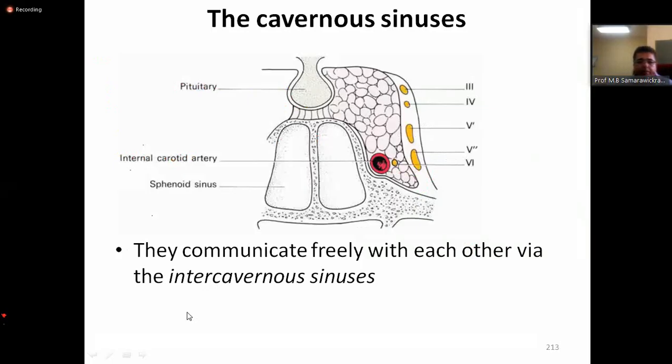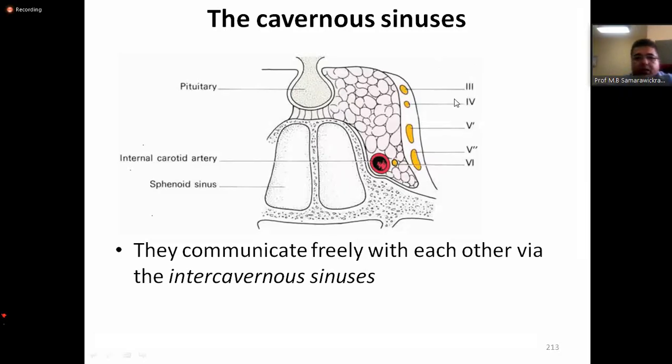The cavernous sinus becomes important because it has important communications, right? The cavernous sinus communicates with emissary veins, with the veins of the face and infratemporal fossa, as well as cerebral veins. In addition to that, it has important relations. Within it you see the abducens nerve and the carotid artery, and in the wall you get 4 nerves. So all these nerves can get affected when the cavernous sinus is thrombosed, right?